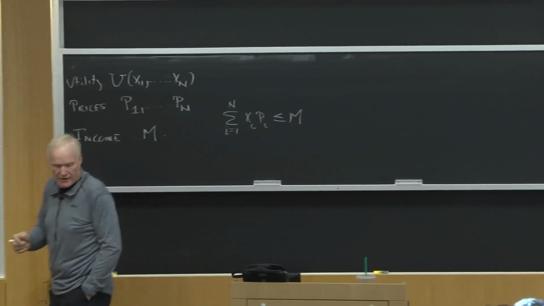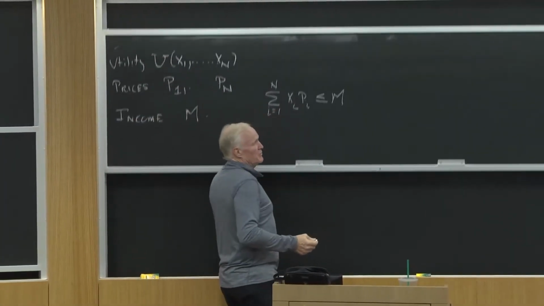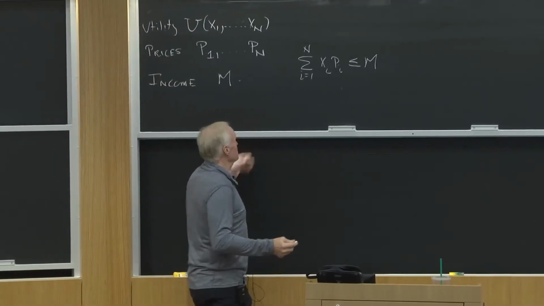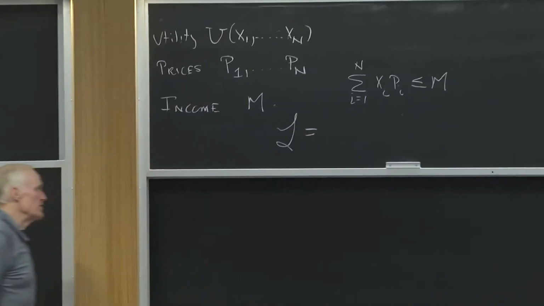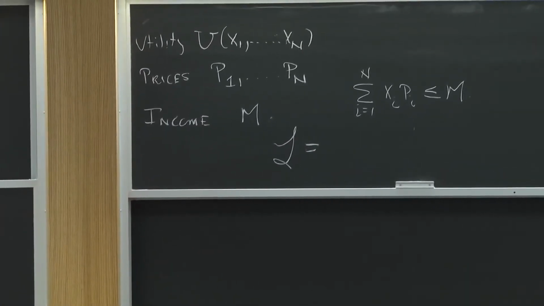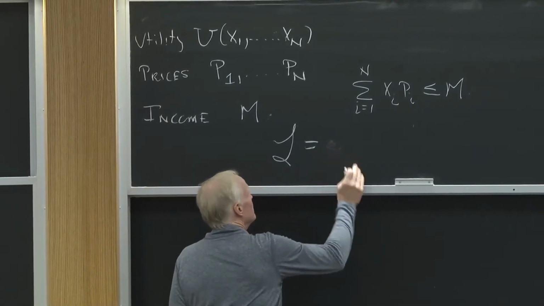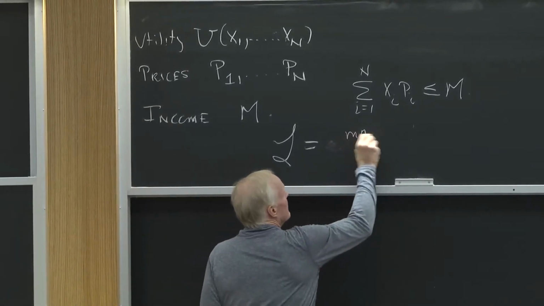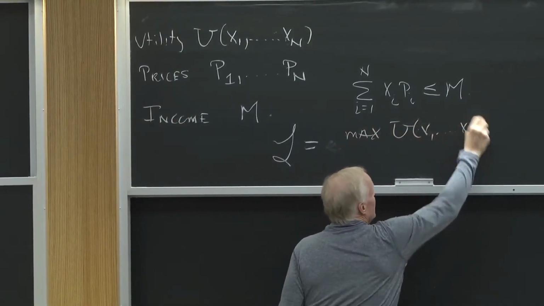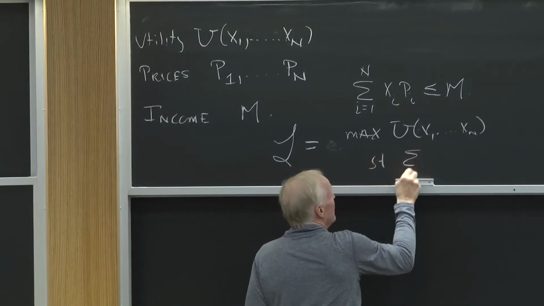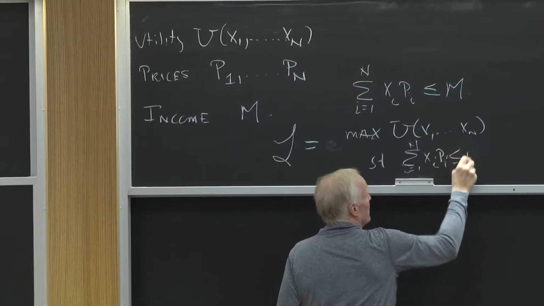Now, the most typical way to solve this problem is to set up what's known as a Lagrangian, which I think most of you should know. A Lagrangian is just a way of solving a constrained maximization problem, and our consumer is going to maximize u of x1 up to xn subject to the sum from i equals 1 to n of xi pi less than or equal to m.